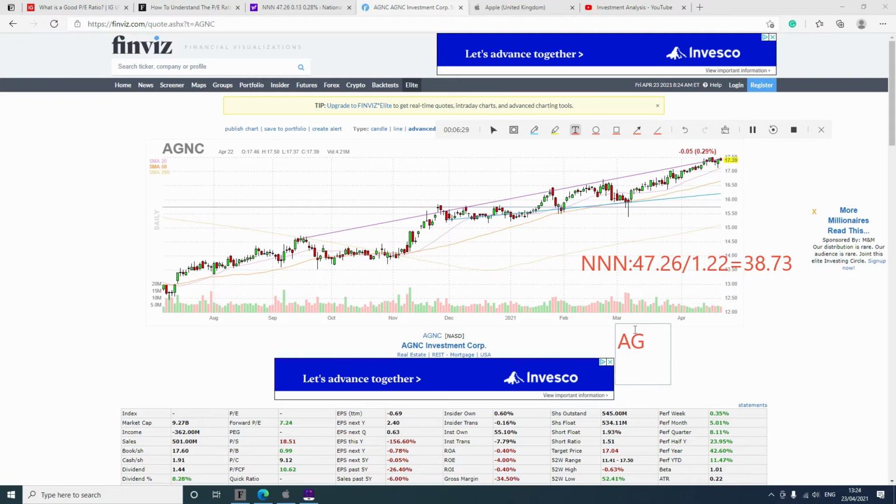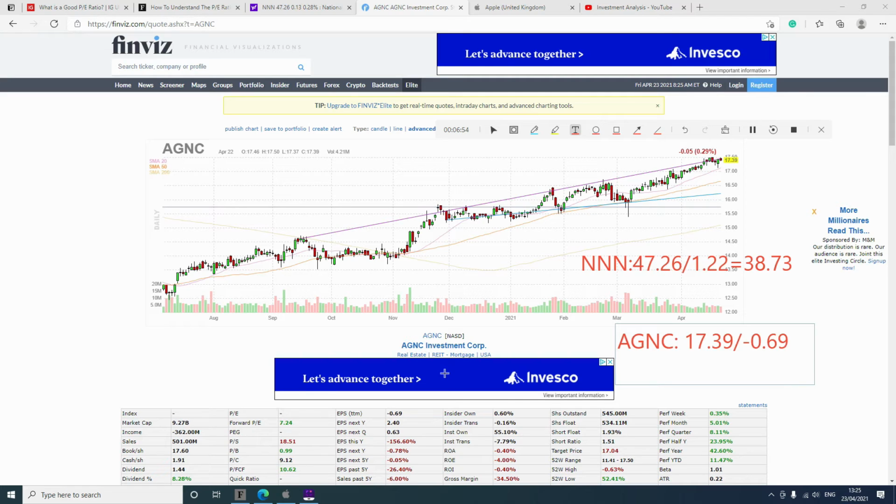AGNC. Presently, the stock price is $17.39. Let's divide that by the earnings per share. This is very interesting. Look at the earnings per share, minus 0.69.